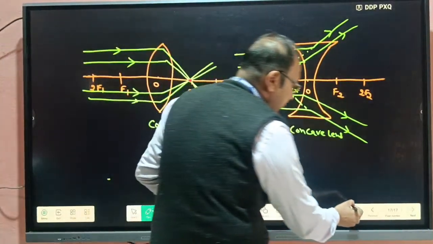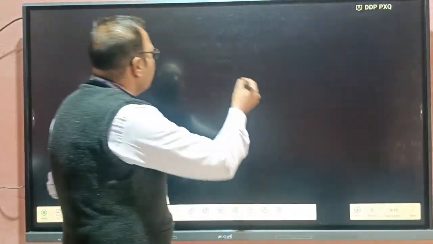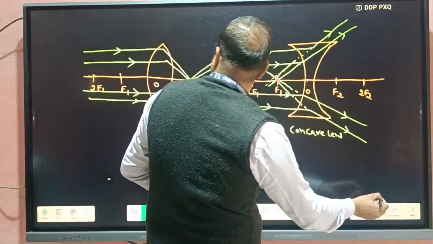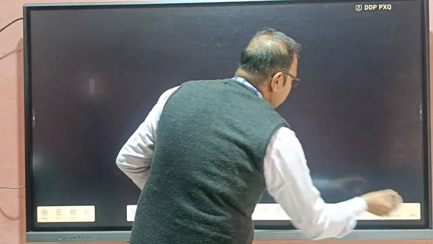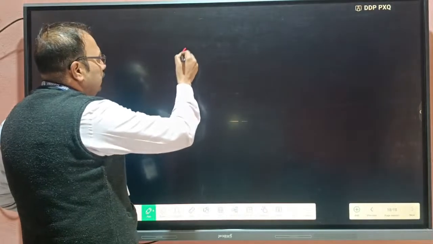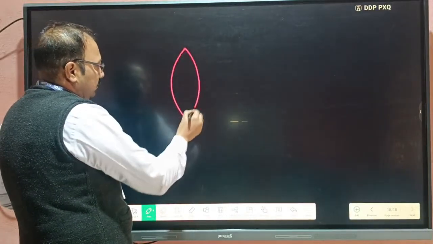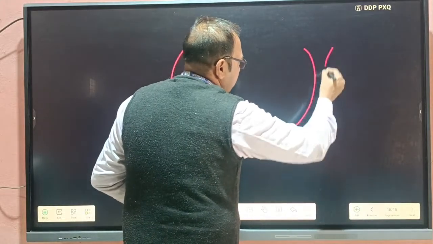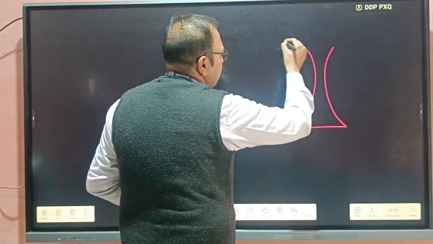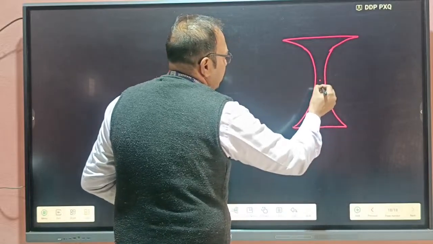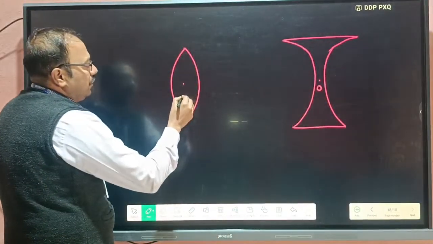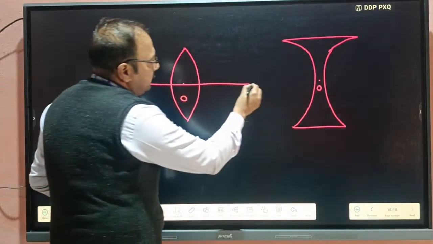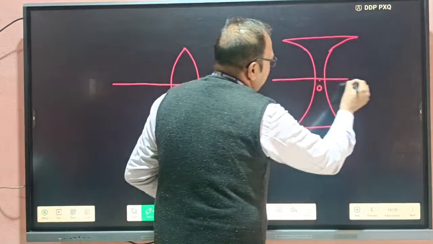So first, we take here again O and this is also O, and this is the principal axis and this is also the principal axis.